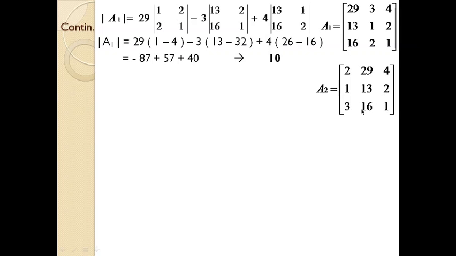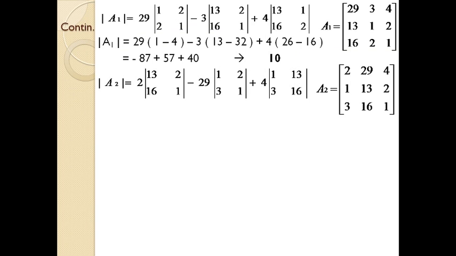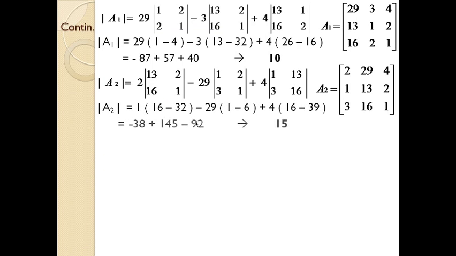See, here the second column is replaced by B. By following the basic steps for finding the determinant of a matrix, you get this computation, and by solving that, finally you got the value 15. So the determinant of A2 is 15. Now you have the determinant of A, A1 as well as A2.